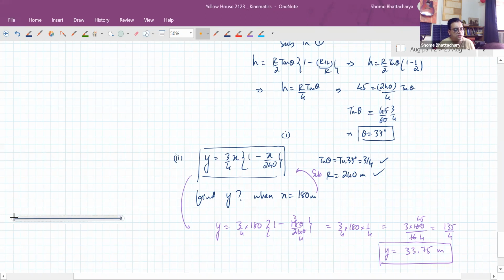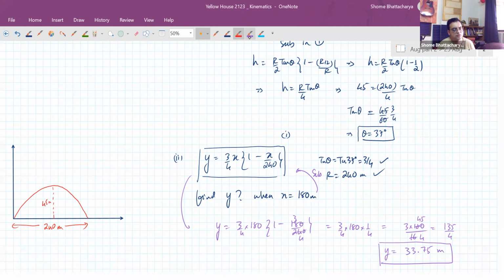So basically, this is the shape of the path. This is 240. 45 meters. So at this point, this is what will happen.